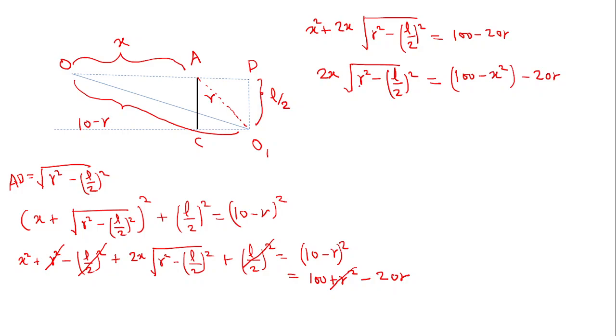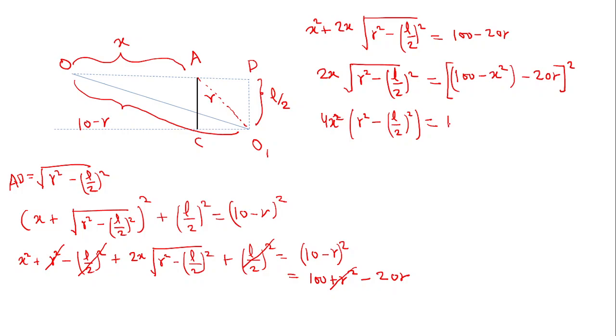Now we need to just square both sides and we will get a quadratic equation. How? 4X square times R square minus L by 2 square equals the square of this complete expression.